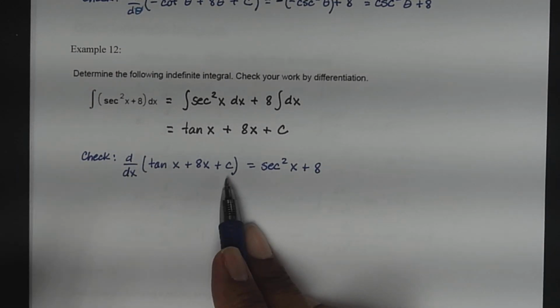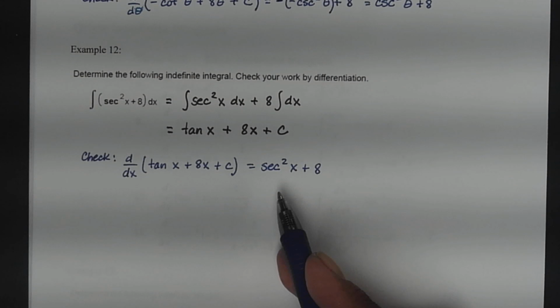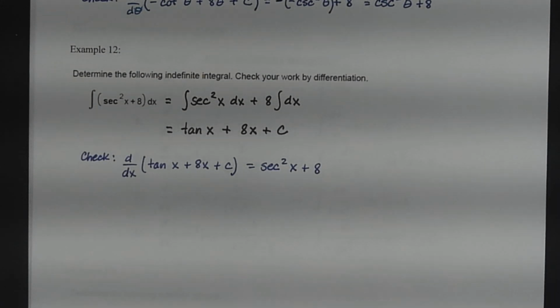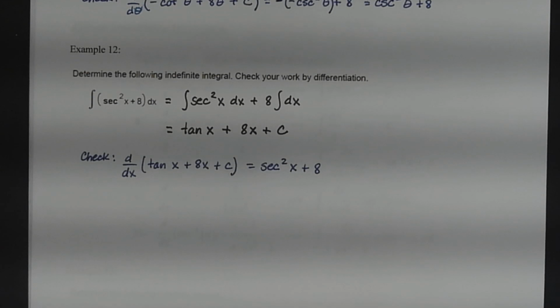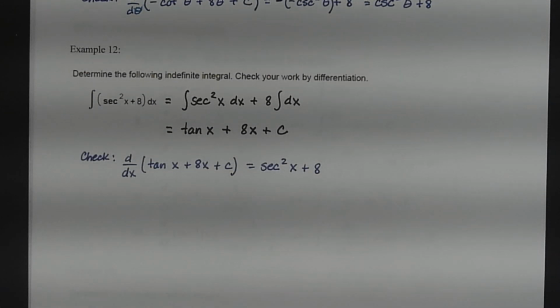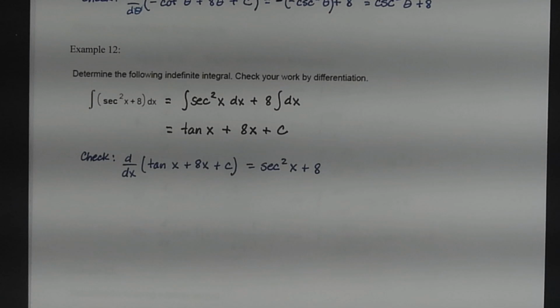And the derivative of the constant is 0. So this is the same as the integrand that we have, secant squared of x plus 8. Okay? So that's how we use those 6 trigonometric functions to find integrals of those.